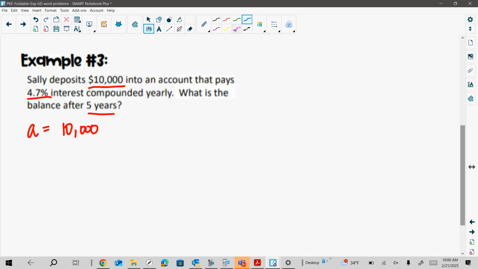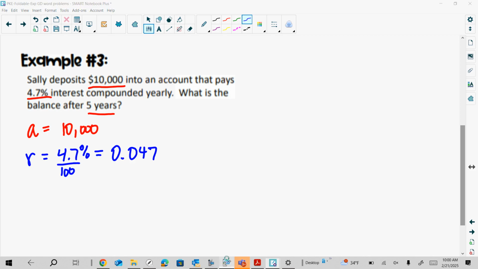Then we need our rate, our R. What is that? Okay, 4.7%, but we have to change that to a decimal. So to change it to a decimal, guys, you just take and you divide it by 100.